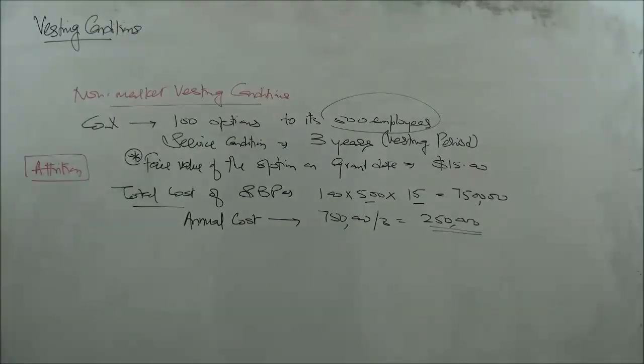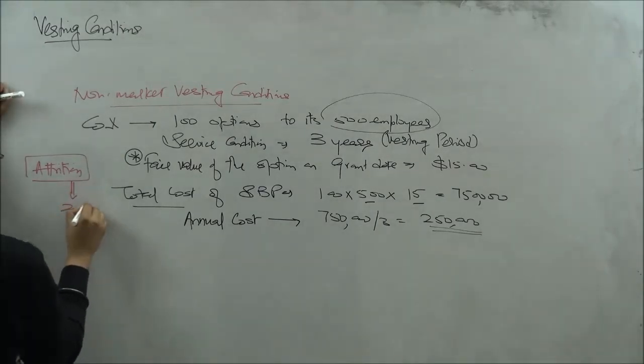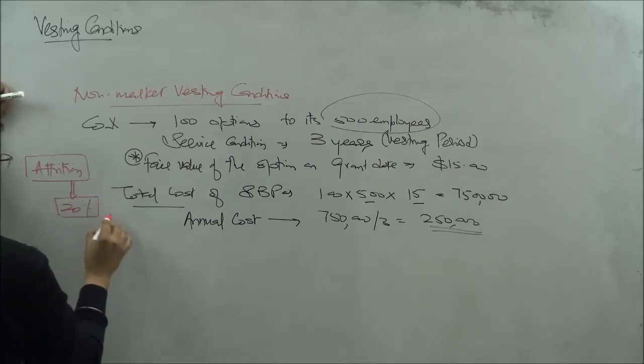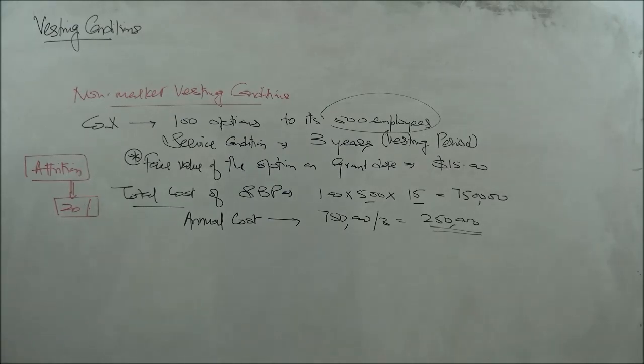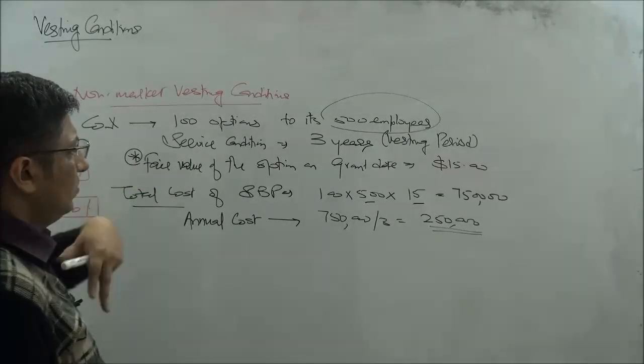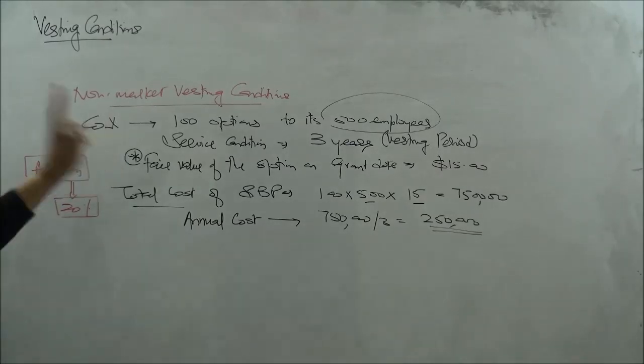Say for example, the company assumes that 20% of these employees will not stay with the company after 3 years of time, which means that they would not be able to avail this option, and accordingly those options shall not vest with the 20% but only with the 80% people.